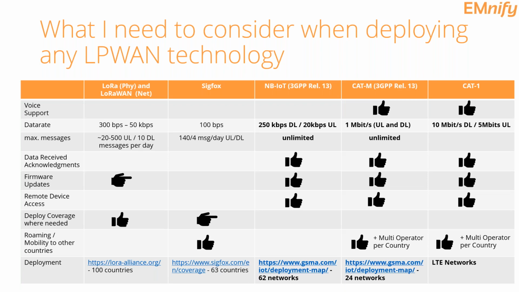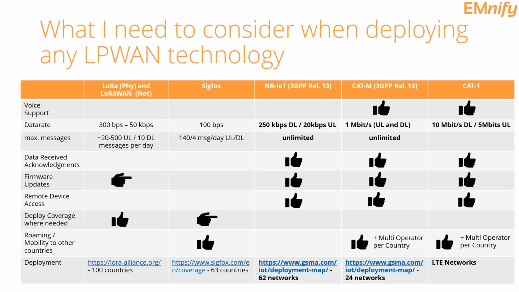Also, if you consider these limitations, there are firmware updates that you need to consider. Again, based on the downlink limitations, there are, let's say, complex solutions available for LoRa that support this, with a broadcast mechanism that updates all devices at once. But it's a really complex setup, and that's why I didn't give a thumbs up.